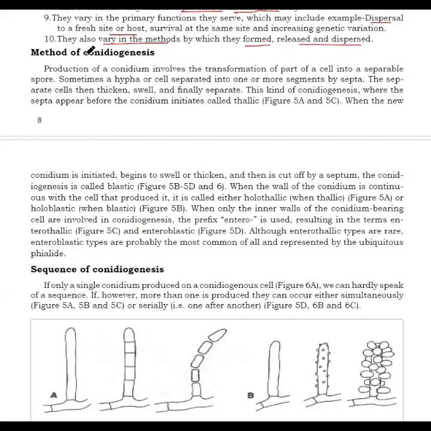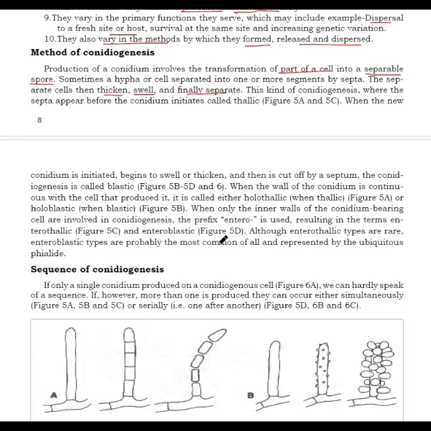So next we come to the methods of conidiogenesis. Conidium formation or production involves the transformation of a part of a cell into a separable spore. Part of a cell forms a spore, and the hyphae are separated into segmented cells by septa, and these separate cells then thicken and swell and finally separate.